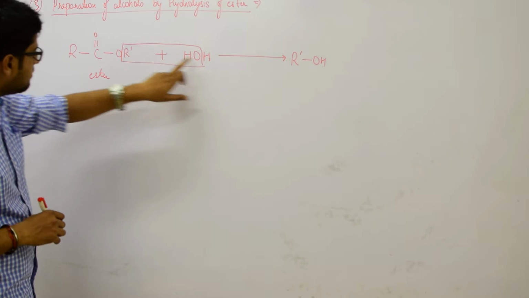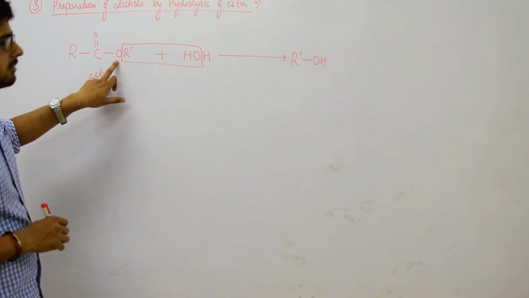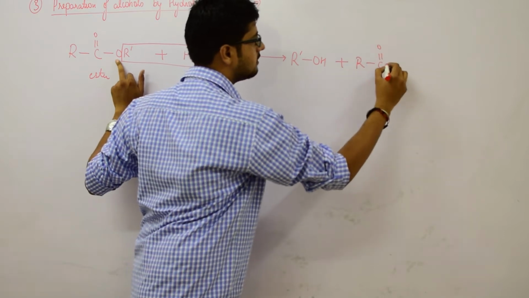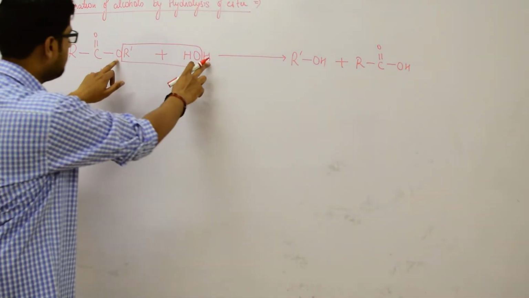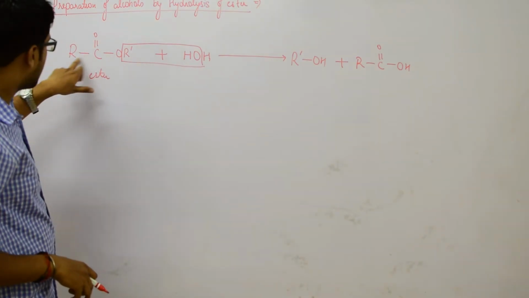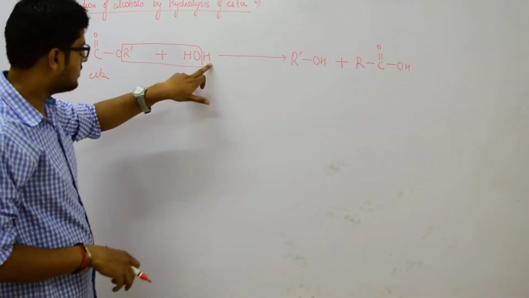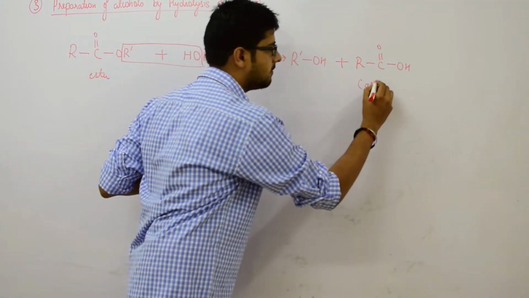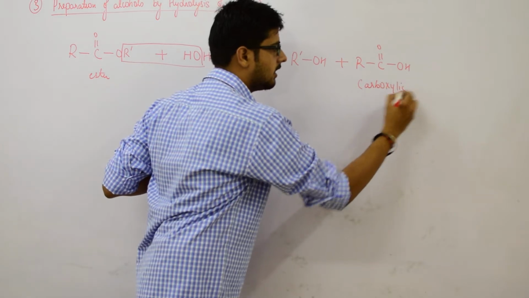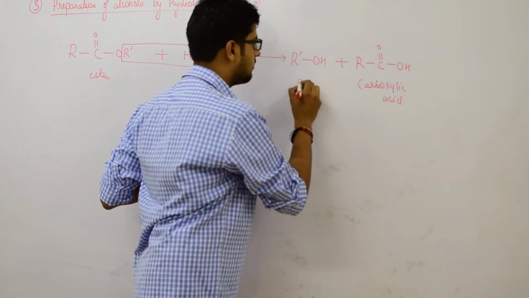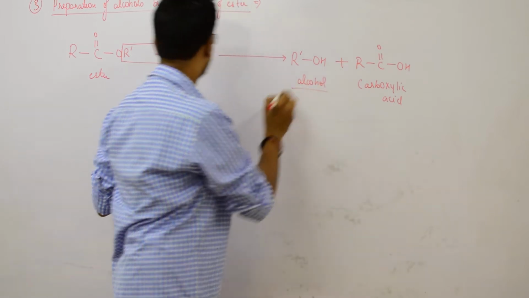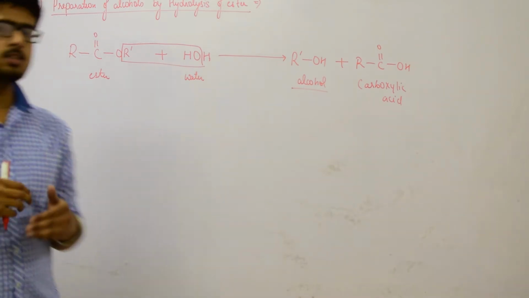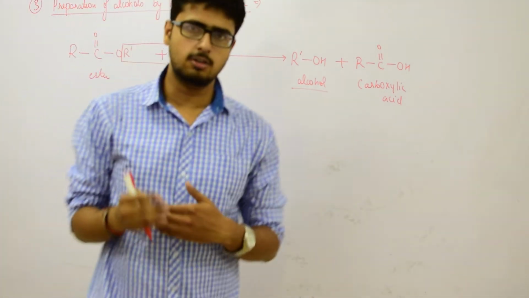And this hydrogen atom combines with this oxygen atom to form carboxylic acid, RC double bond O OH. Okay. So this is our third general method of preparation of alcohols.